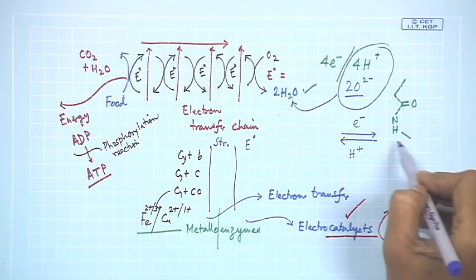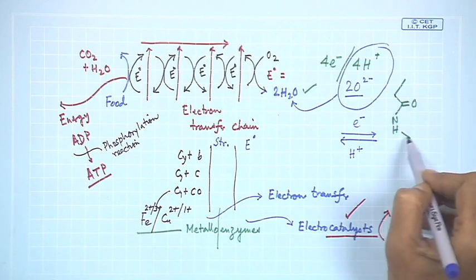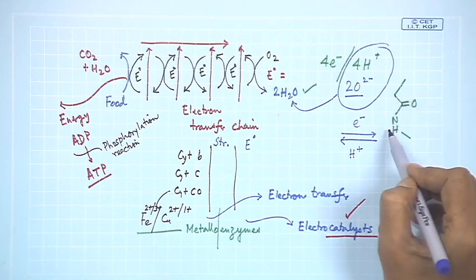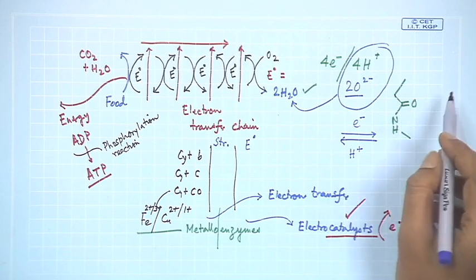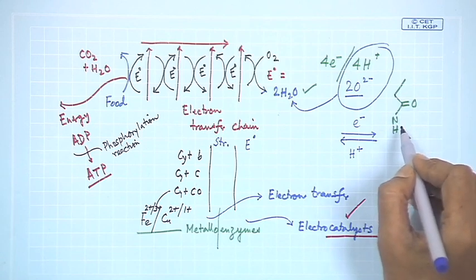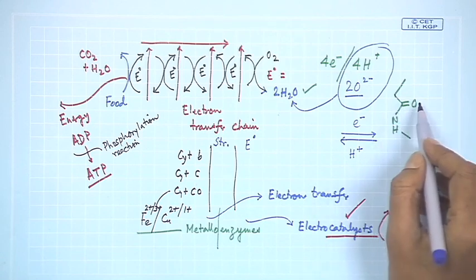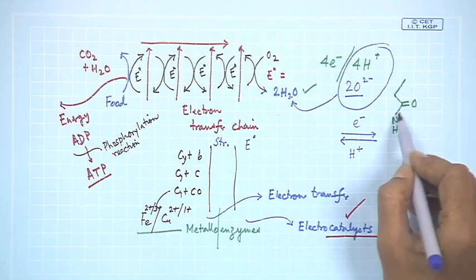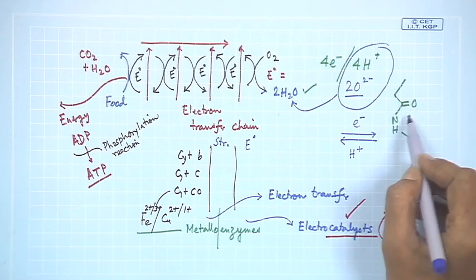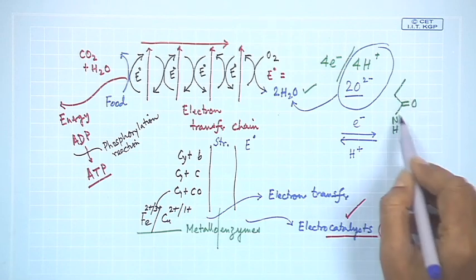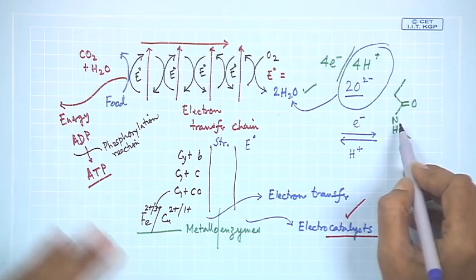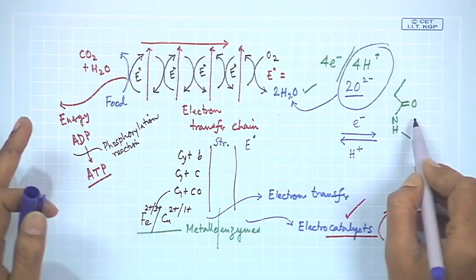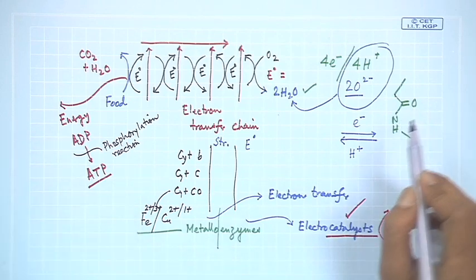If you are able to go for the electron transfer reaction on the peptide bond itself, or it is bound to some other species like a metal ion, then during that reaction, the O is there, and if it is in the oxidized form, that means you take out the electron, you have to take out the proton also, because this can also go for the loss of proton. And sometimes it can also show the amide protons in the charged form, and that charged form can go for your electron transfer reaction.